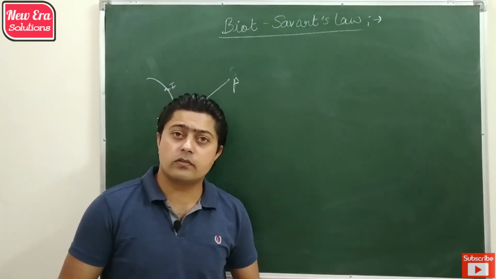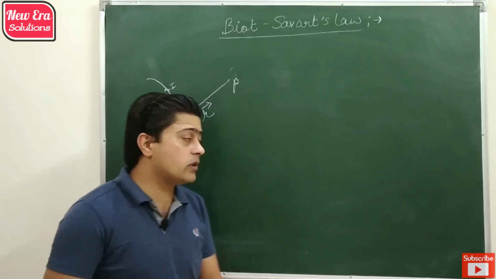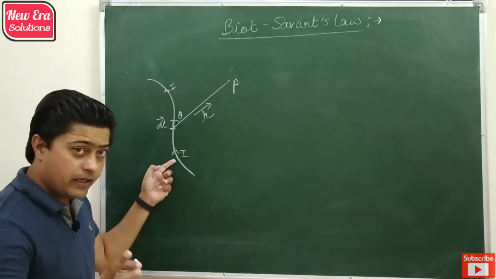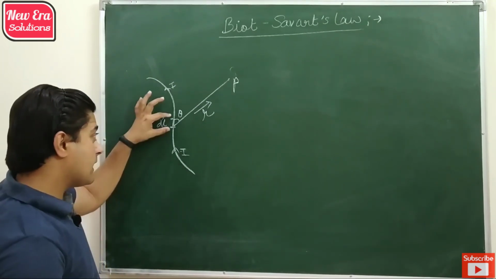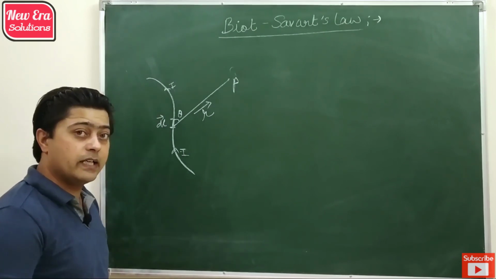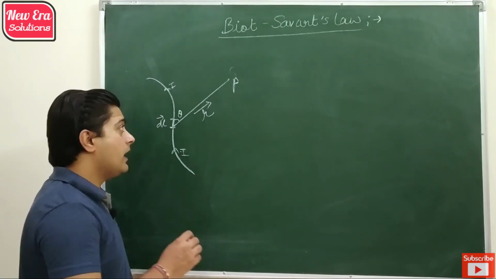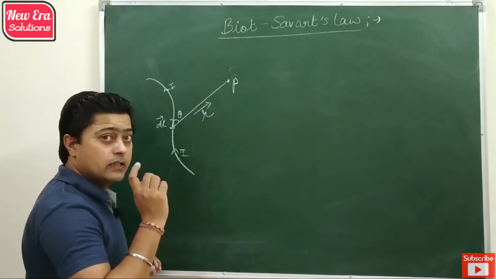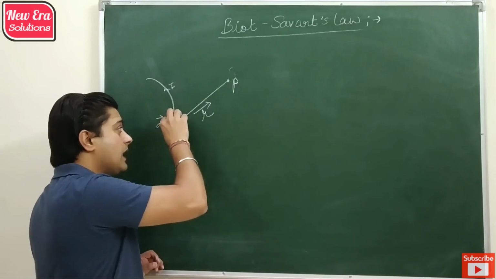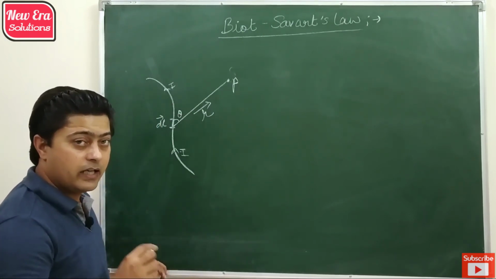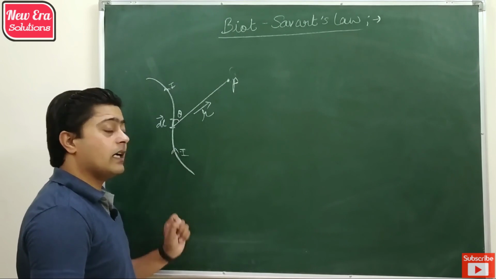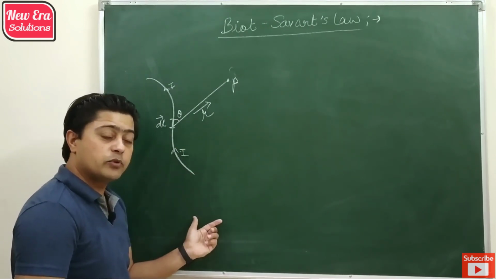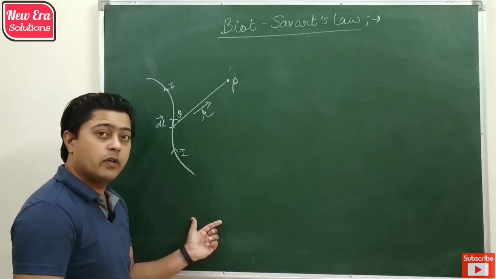So to state Biot-Savart's law, we take an illustration in which a long current carrying conductor carries a steady current I, for which a small current element of length dl is assumed, and there is a point P at which we have to calculate the magnetic field due to that small current element, where theta is the angle between that current element and the position vector of the given point.